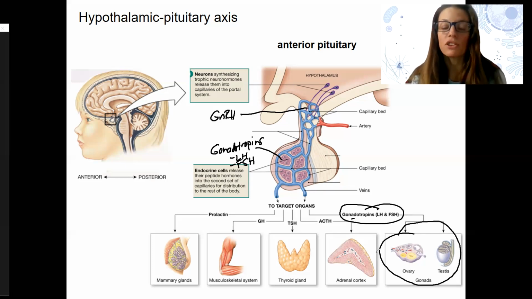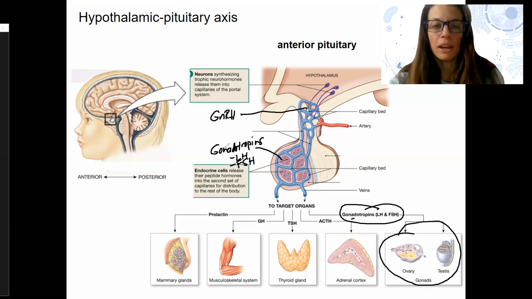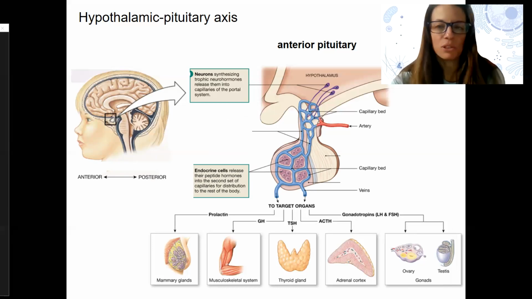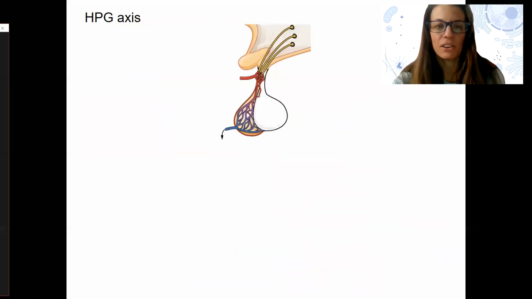Both gonadotropins target both male and female gonads. So this is our HPG axis. I'm going to draw you a more specific one, getting a little bit more specific. So let's clear this and go to a blank slide here.